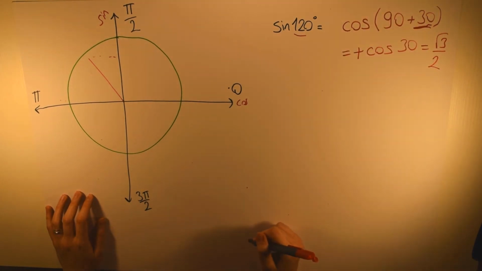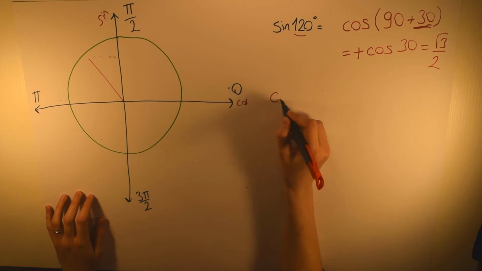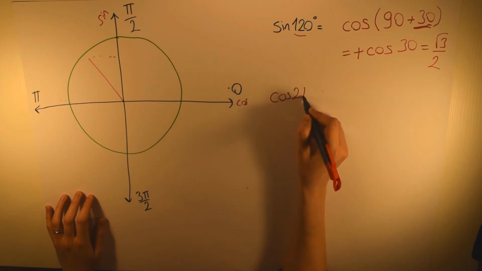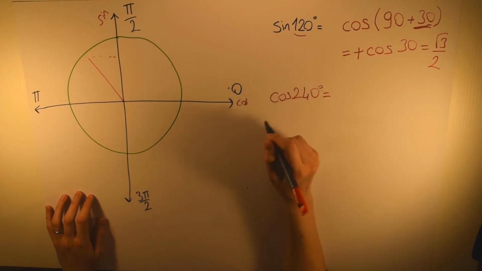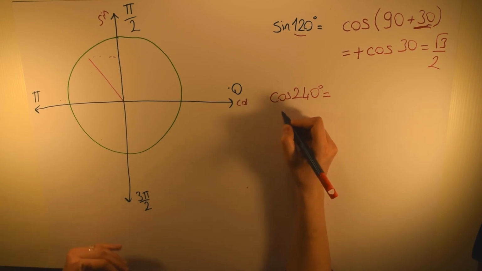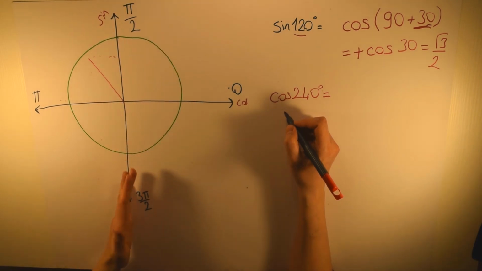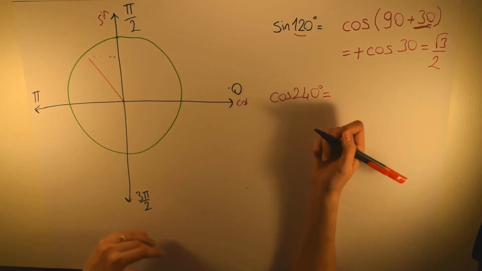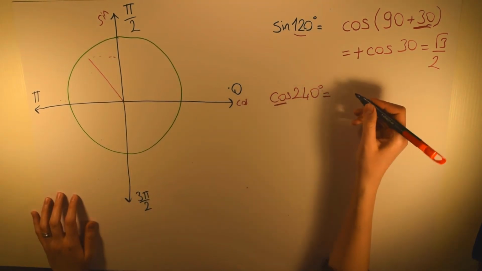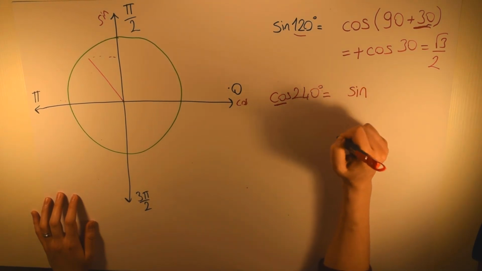Okay, let's say we want to find the value of cosine 240 degrees, right? Since we rewrite this based on our vertical line, the function changes. So this cosine will become sine, okay?